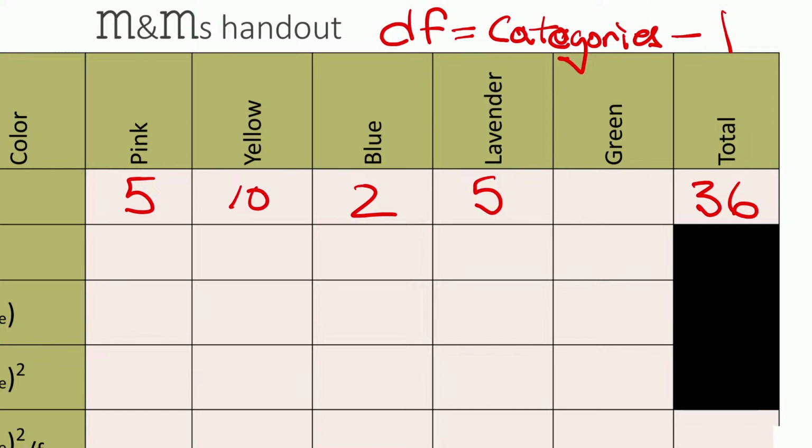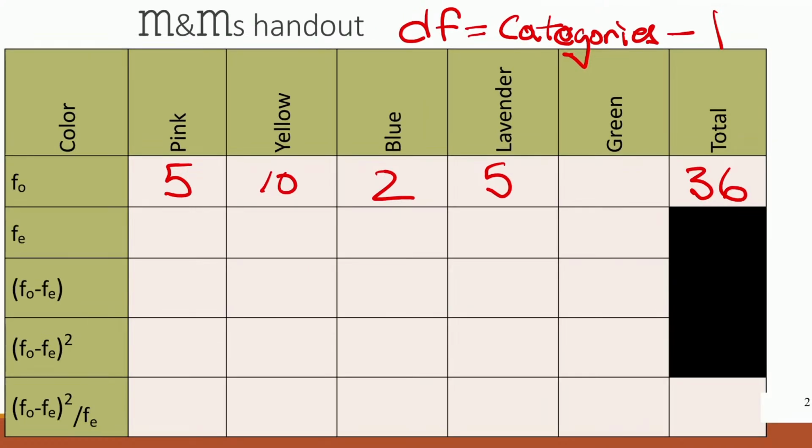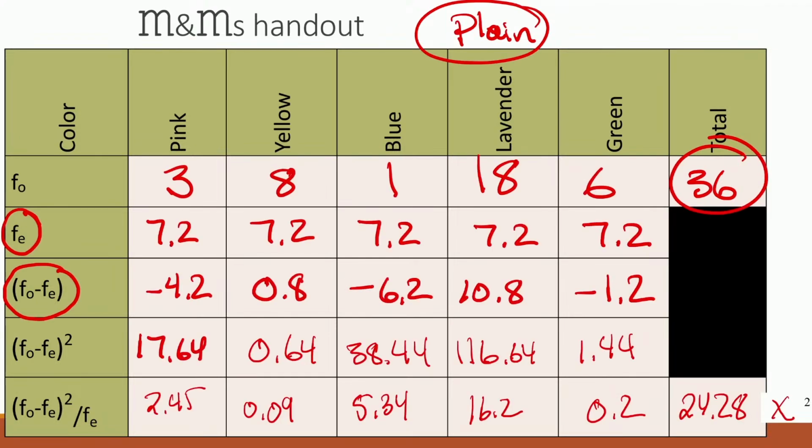If I gave you the task of filling in this chart, and said you've got 36 M&Ms, you can distribute them however you'd like, you could choose to put 8 here, 7, 6, 9, but when you got to the green ones, you would not be able to choose your number, because the number would be chosen for you by the fact that there are 36 total. So categories minus 1 is degrees of freedom. Let's go back to the one that we're doing. In this case, degrees of freedom are going to be 4.